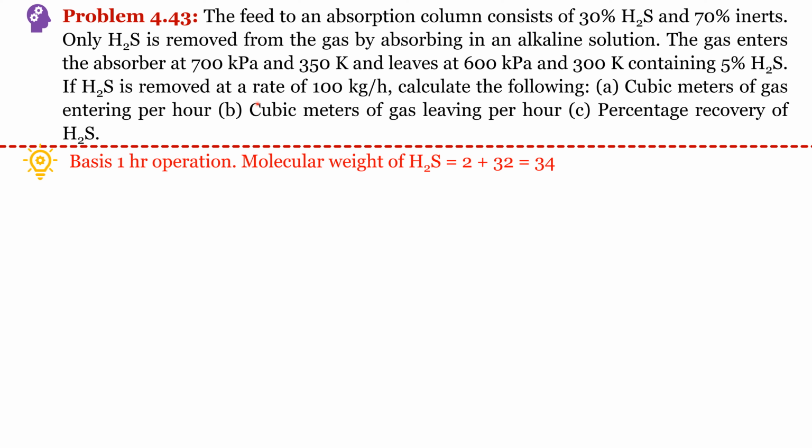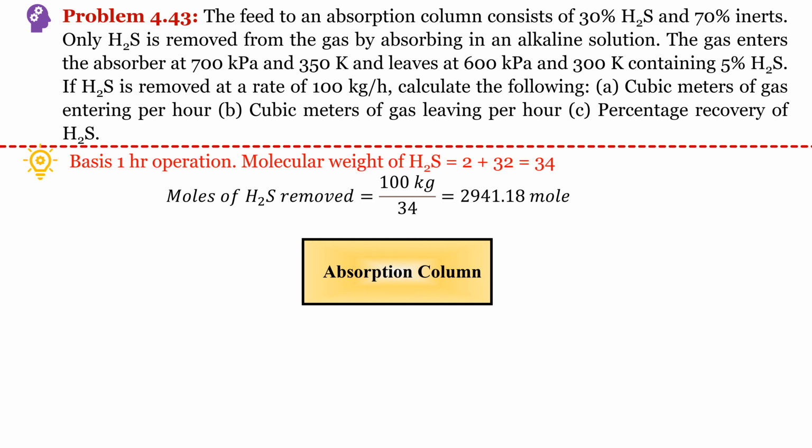Now H2S removed is given, that is 100 kg. So we can estimate the moles of H2S removed. So moles of H2S removed will be equal to the weight of H2S removed divided by its molecular weight. It gives 2941.18 mole.